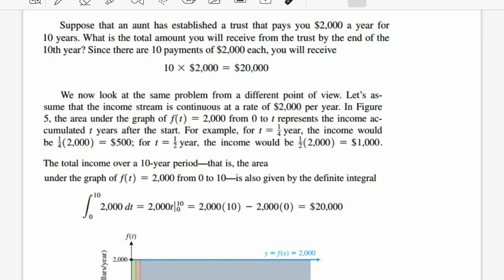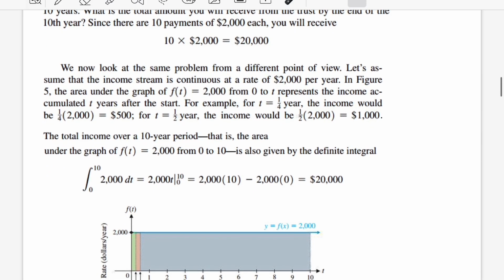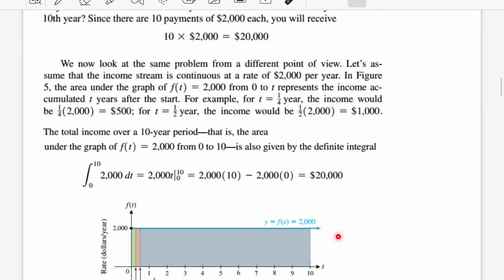Now, thinking about this in a different way, let's assume that the income stream is continuous at a rate of $2,000 per year. So we can see this in this figure here. The area under the graph of f of t equal to 2,000, from 0 to t, represents the income accumulated t years after the start.